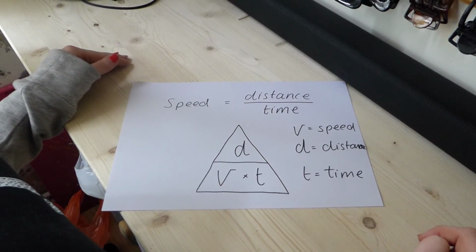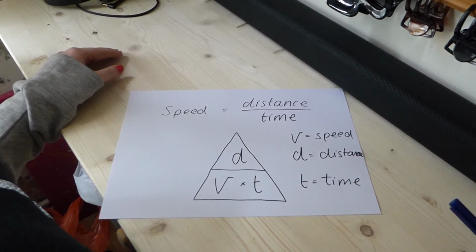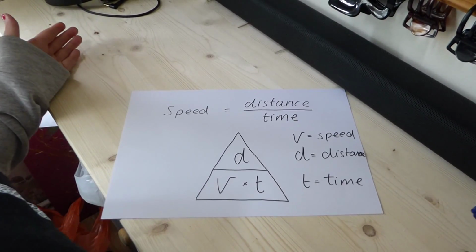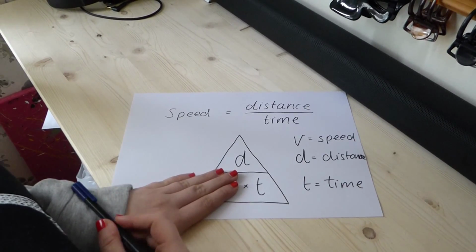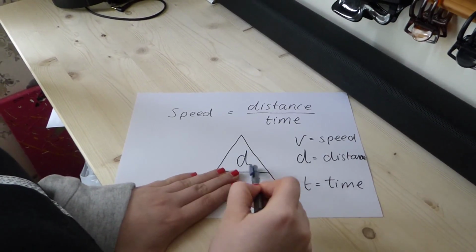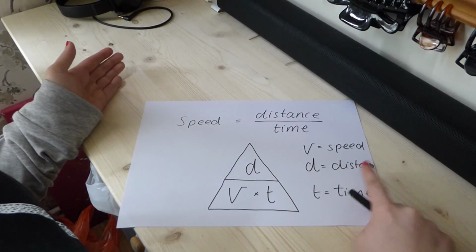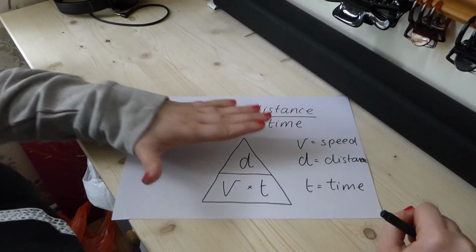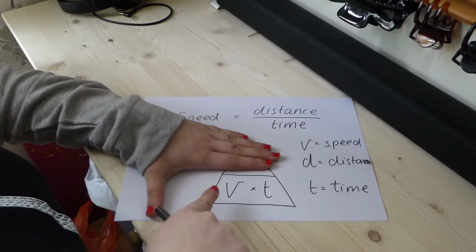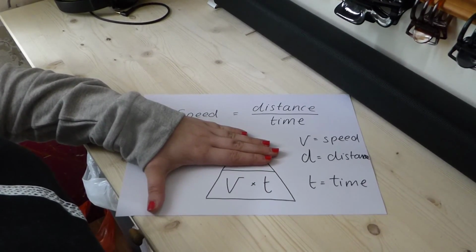Now the way we use this triangle is if you are answering a question and you need to find the speed of an object, you cover up the speed in your triangle, and then you need to do D divided by T. If you wanted to find the distance in a question, so if you're given the speed and the time and you want to find distance, you cover up distance, and the triangle tells you to do the speed times the time.